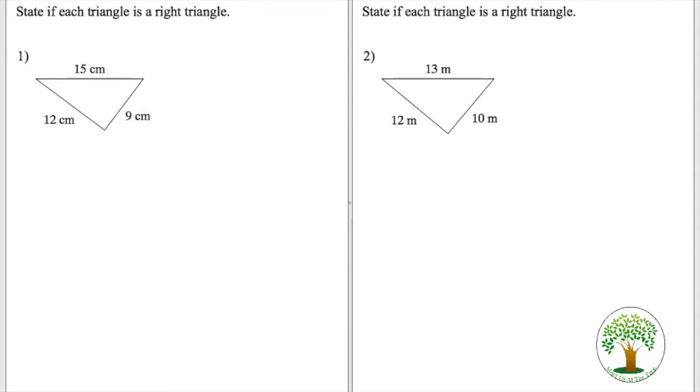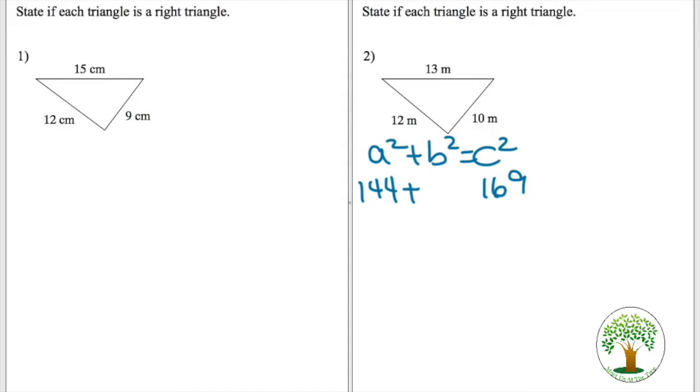Here we go. a squared plus b squared equals c squared. The 13 is the longest one, so we're going to put that here. And 13 squared is 169. It doesn't matter which one we do first, the 12 or the 10, so I'm going to do the 12 first, and that's 144 when I square it.